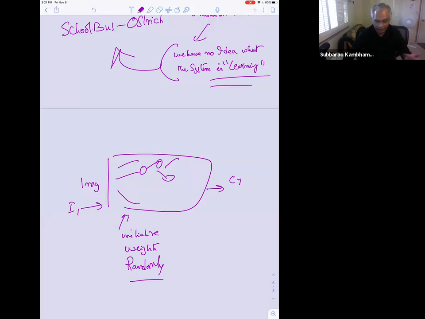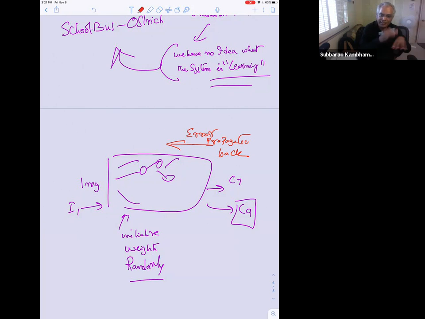Class 7 may be cat. And then you might say, no, it's not class 7, class 9 is the correct answer, class 9 being, let's say, dog. Then there's an error between what the system said the class is and the real class, and that error is propagated back through this network, changing each of the weights a little bit. And all that process does is, on the average, the error is minimized on the data that you have shown it.